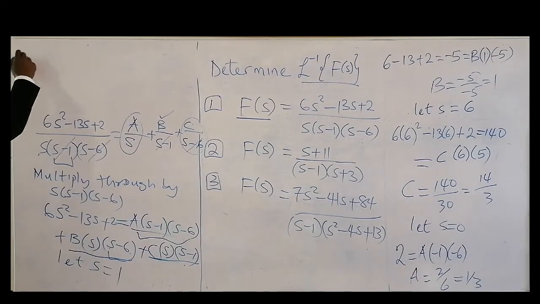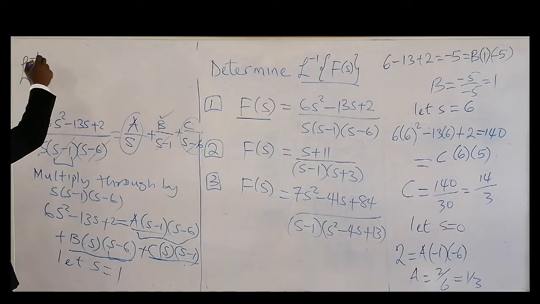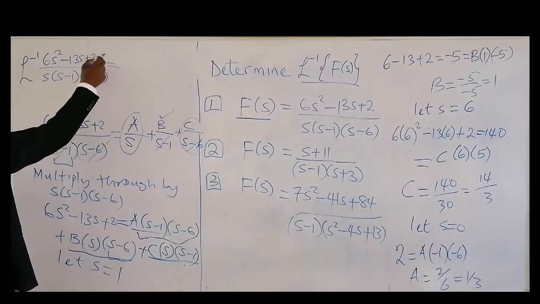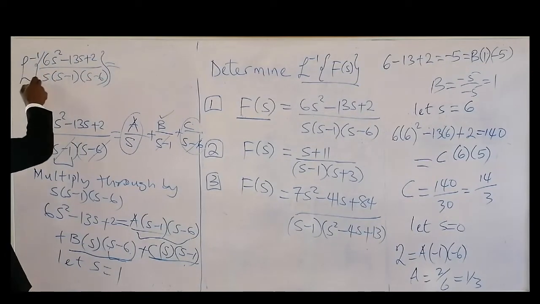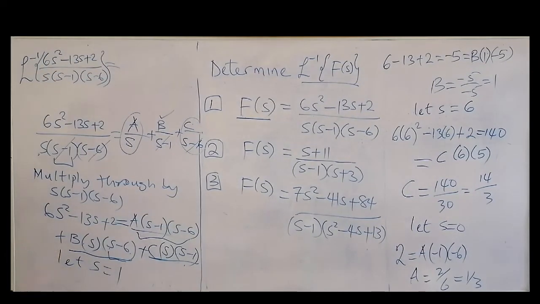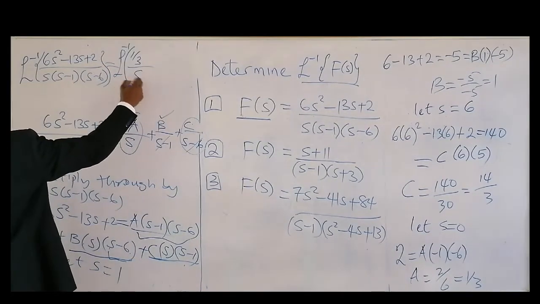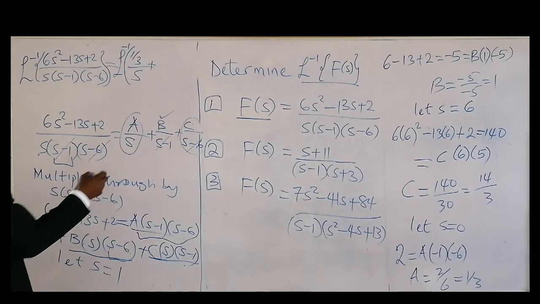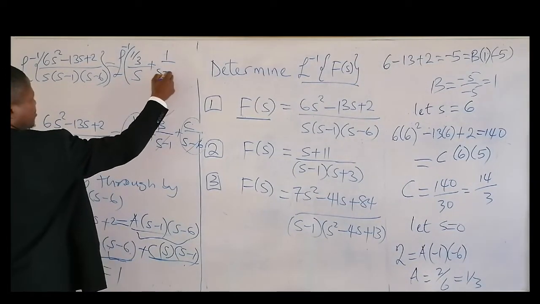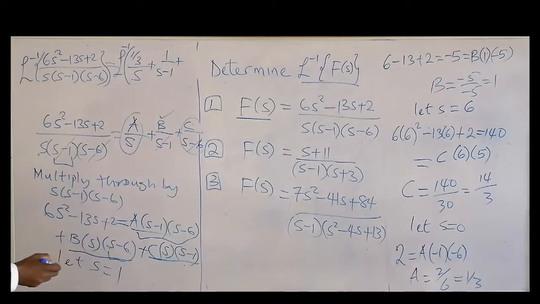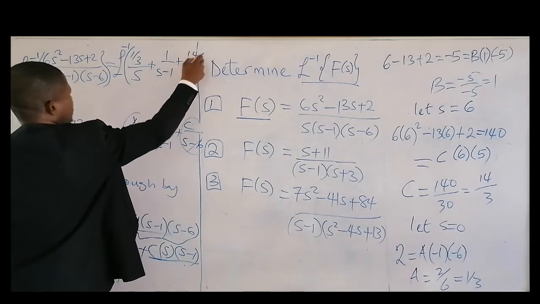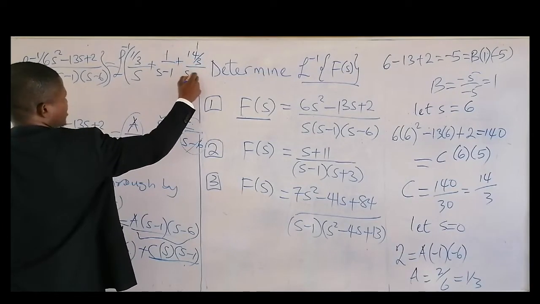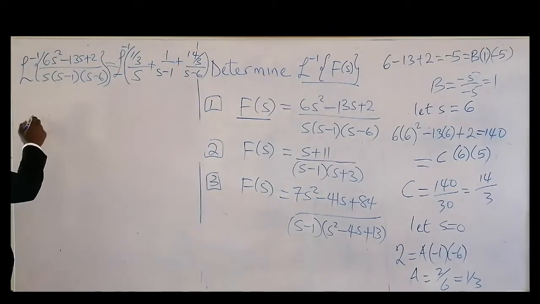So we now have the inverse of the expression equal to: my a is 1 over 3 over this, then plus my b is 1, so that's 1 over this, then plus my c is 14 over 3 into bracket x minus 6.